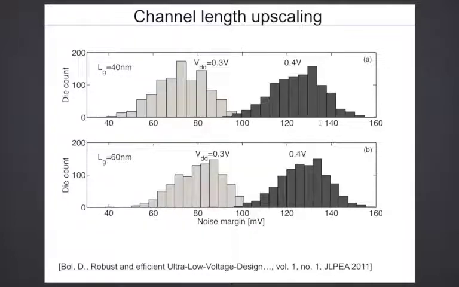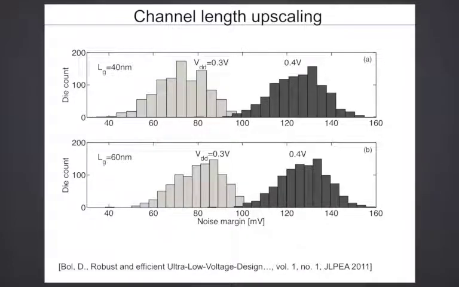Remember in the last class we said one quantitative way of studying the noise margin is to take two gates and cross-couple them, putting the output of one as the input of the other. Then you get the noise margin from the DC transfer curve, you get a butterfly diagram, and you look at the size of the largest square which you can embed there.